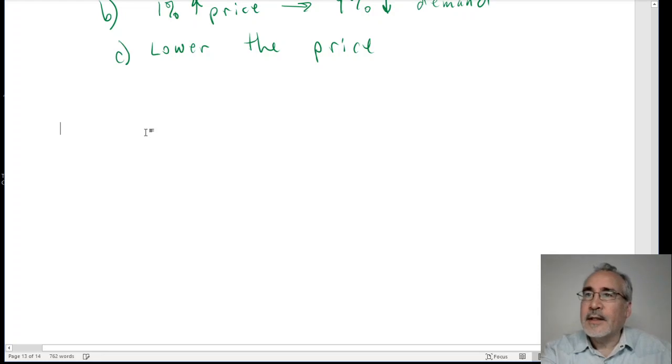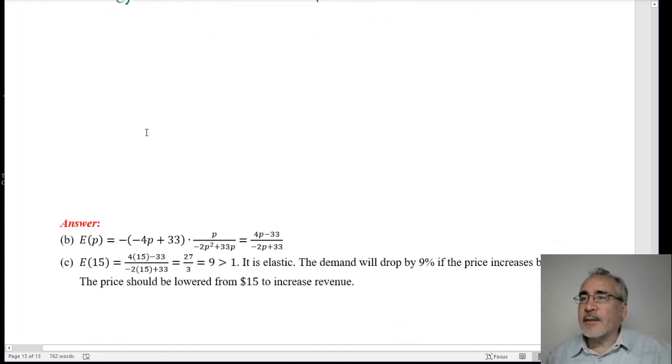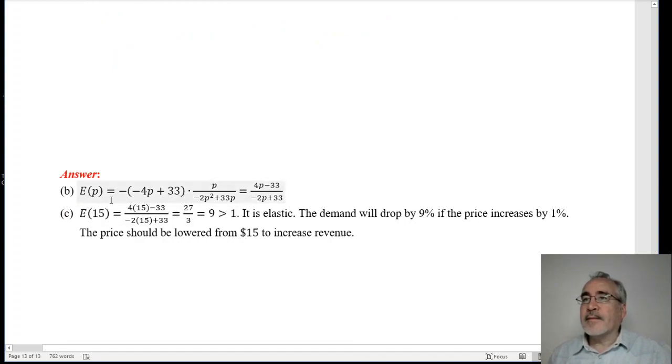And let me go ahead and put those answers up here. So the first one, 4P minus 33 over negative 2P plus 33. So that's what we ended up with. Again, if you distributed the P, you might have a slightly different answer, but this is the reduced answer. The second one, when you plug in the 15, we ended up with 9. 9 is bigger than 1, so it's elastic.